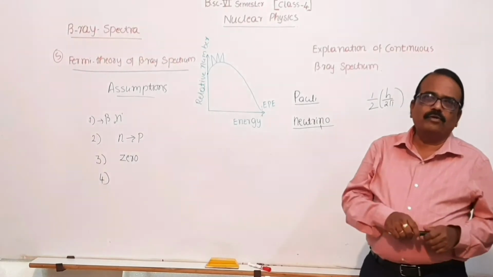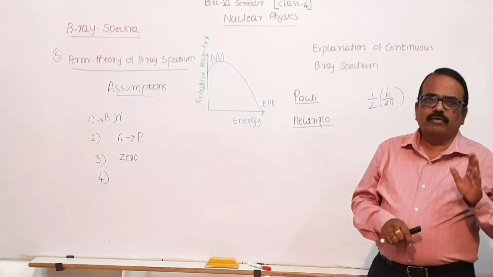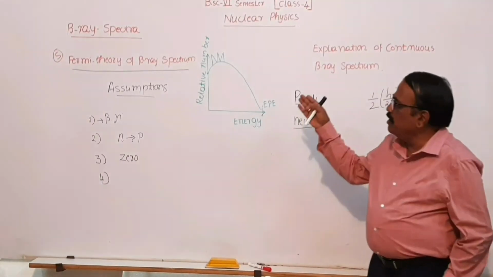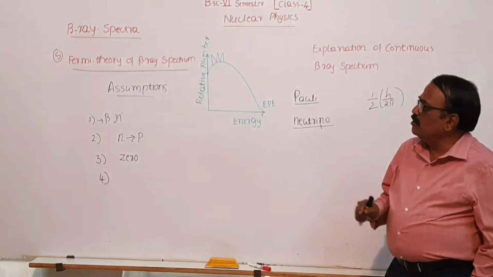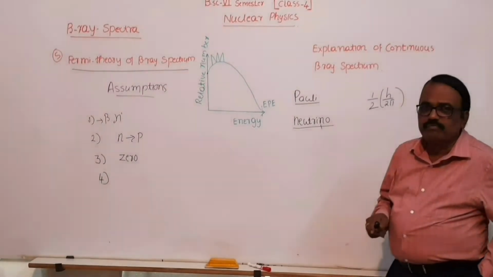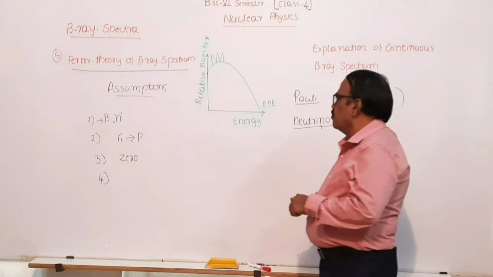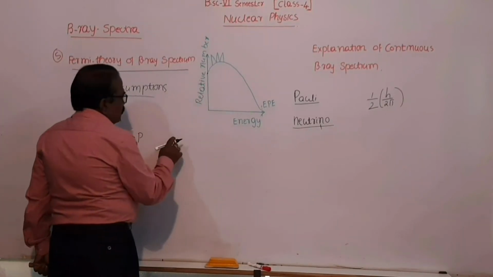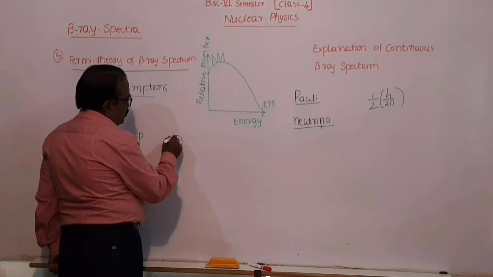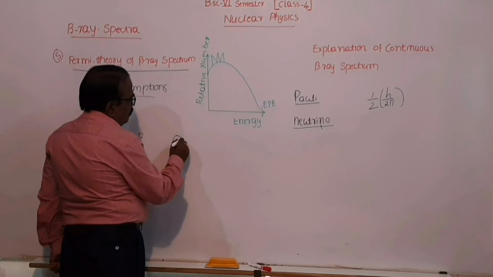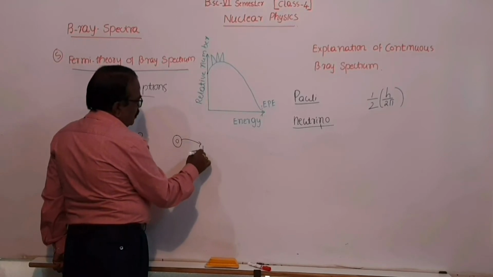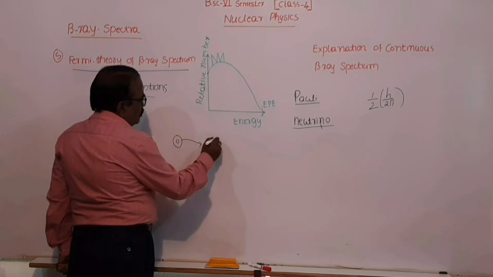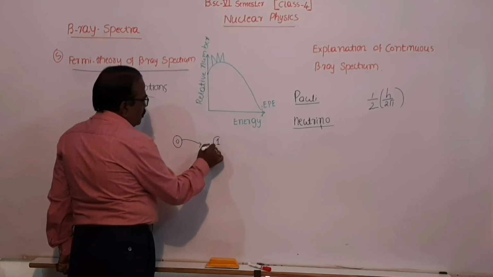Fermi theory is based on some simple ideas to explain this continuous beta ray spectrum. According to this idea, when a radioactive element emits a beta particle, its charge changes by 1 unit.